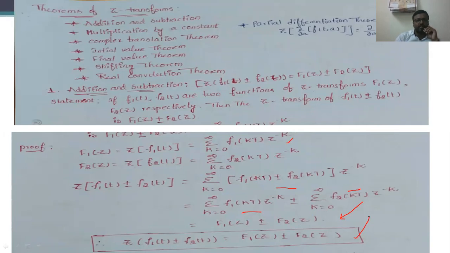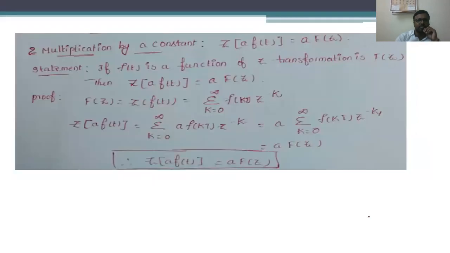Now we are going to step into the second property or theorem, that is multiplication by a constant. Multiplication by a constant means here, if f of t is a function, and let us suppose this particular a, small a, is a constant value, then the Z transform of the function is multiplied.